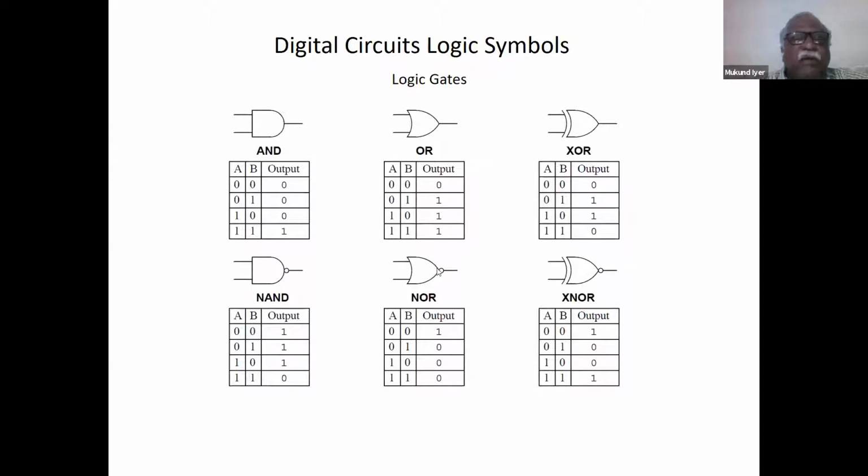So basically, what we have is the basic 3 gates, AND, OR and exclusive OR, and when the output is inverted, we have the NAND, NOR, and XNOR. So that's how we come to the basic building blocks of the logic symbols and the logic gates. Now, we'll go further. Can we have the next slide, please?